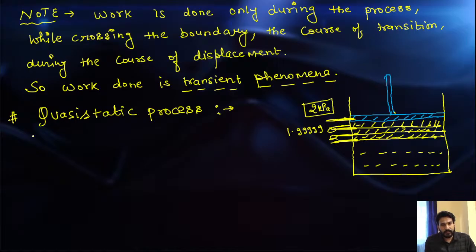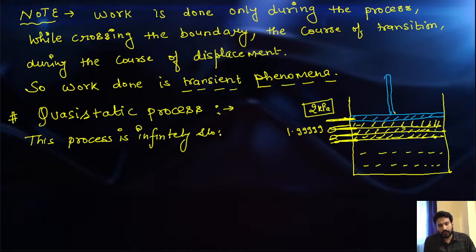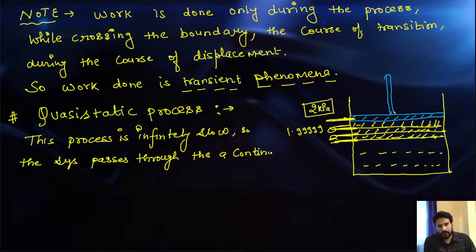So we can say that this process is infinitely slow, right? So the system passes through a continuous sequence of equilibrium states.